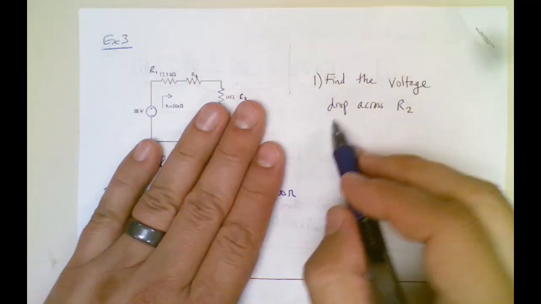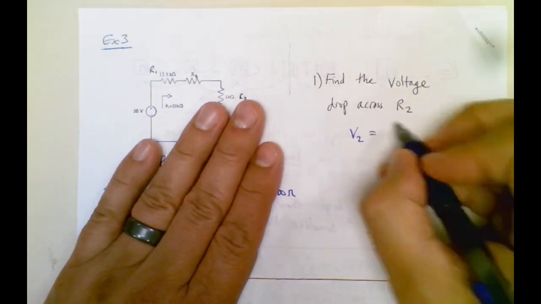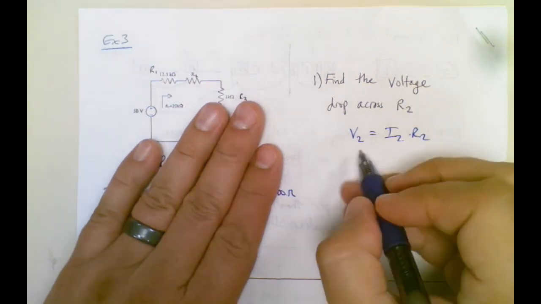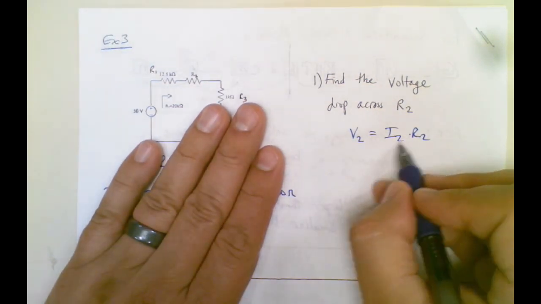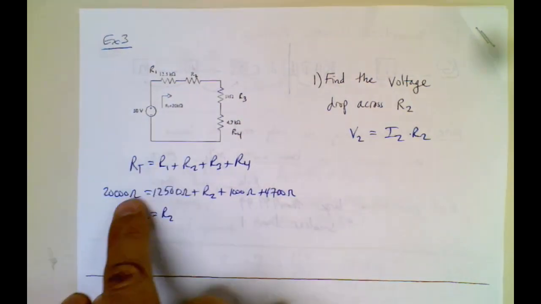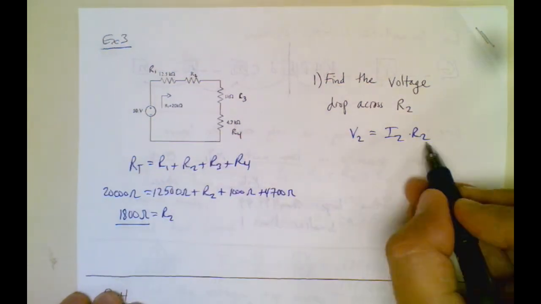All right, so if they ask me to find the voltage drop across R2, I would have V2 equals I2 times R2. Now, I don't know either of those yet, but I can find R2 real quick by using the total and subtracting all the other ones, and I can get R2 to put here, right?